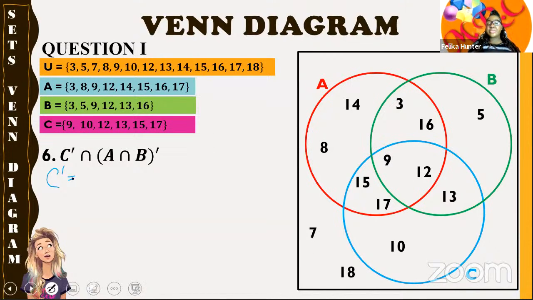And outside of that, I want you to also understand that we work out the bracket. Then after working out the bracket, we figure out what the complement part is, and then we find the intersection of C complement and A intersect B complement.